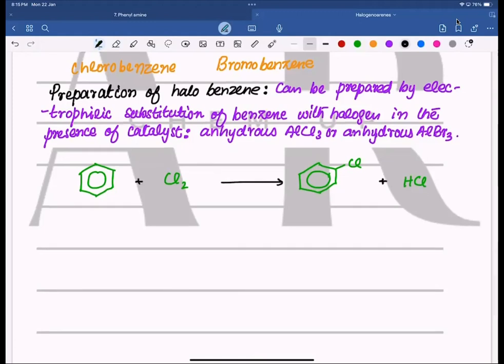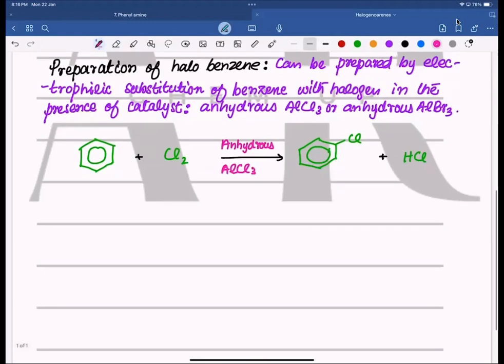For this reaction, we can use any one out of the two catalysts: anhydrous AlCl3 or anhydrous AlBr3.